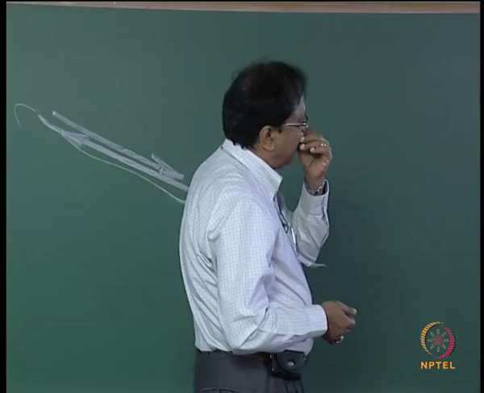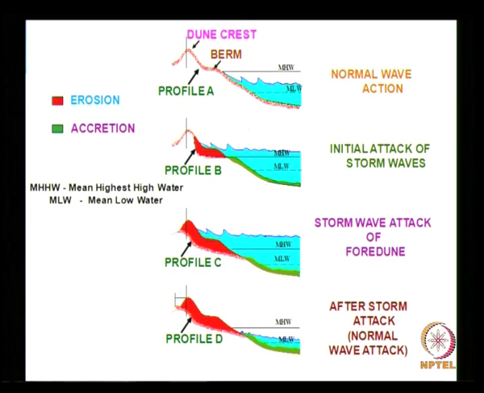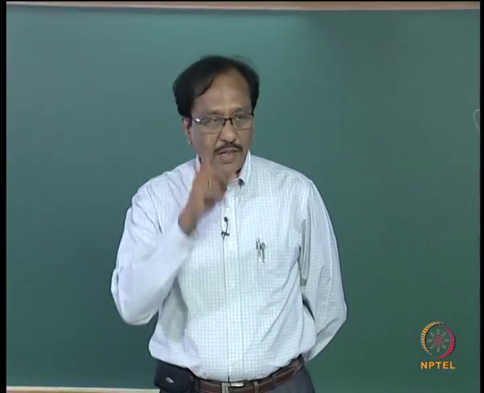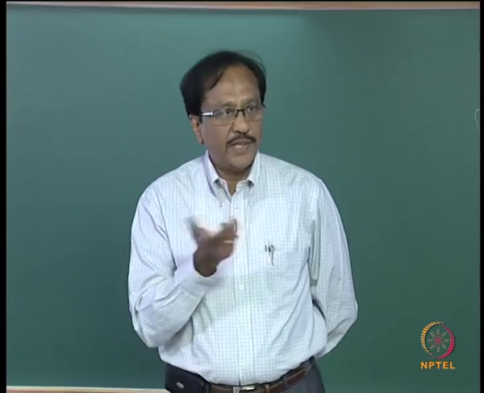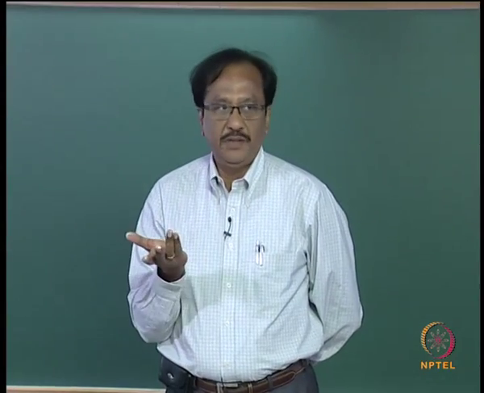Now in this case, when there is a storm, the water level in the ocean will go up. When the water level in the ocean goes up, it may go even above the mean high water. How many high waters do you have? In a day you can have either one high water or two high waters, depending on the kind of tidal variation.